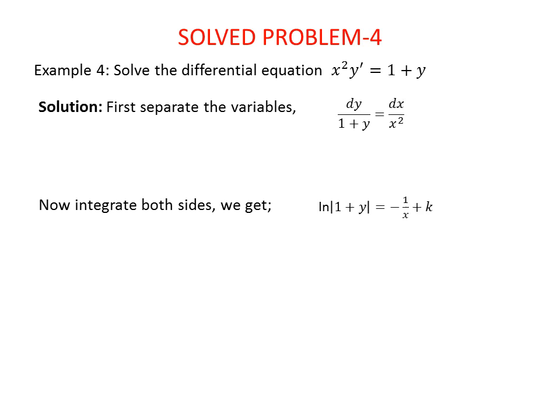So here we have ln modulus 1 plus y, which is equal to the integral of dx over x squared. This becomes minus 1 over x, plus a constant of integration, which is not c here. We can take any small English alphabet. Here we take small k.